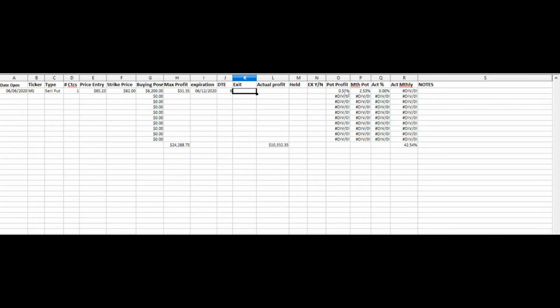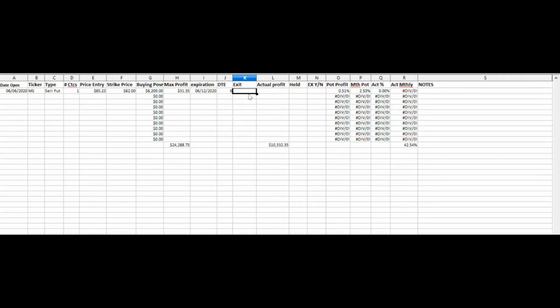Then you have the monthly potential profit, which is this next column. Again, these are potential profits based on this max profit figure. The monthly potential profit would be 2.53%. Now, as you know, I go for 2%, so this would reach my goal.